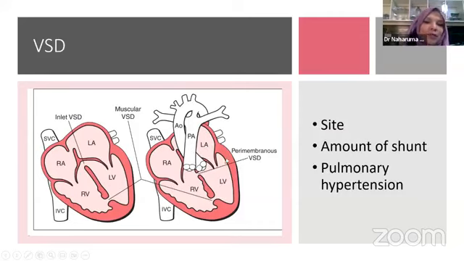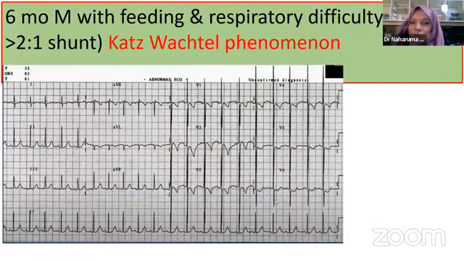So the left-sided chambers will be enlarged, and we will get LV forces in VSD. When more pressure develops in the pulmonary circuit, RV systolic pressure will rise, RVH will develop, and Eisenmenger will develop. These are the consequences, and these are the ECG findings that tell us the severity of the VSD. We are going to show a few examples.